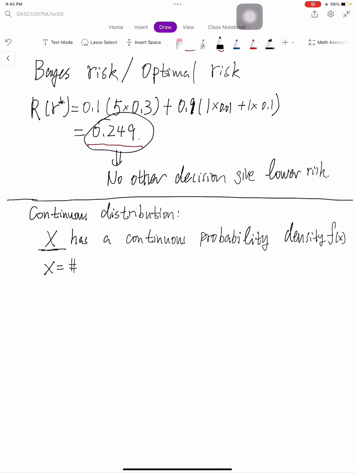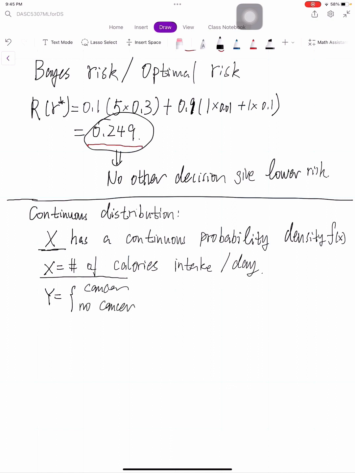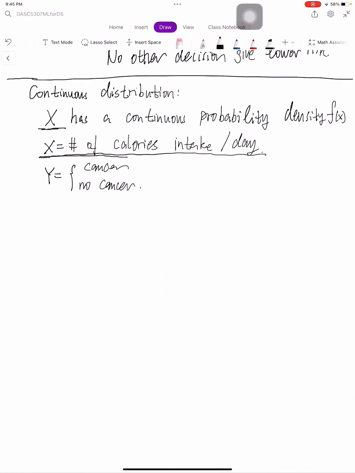As in the example I gave you at the beginning of the class, or x could be the number of calories. So height and calories in this case are continuous variables, which means x can have infinitely many values, with decimal numbers. For example, we want to use the number of calories intake per day to predict if a person has cancer or not. So for this case, what would be the Bayesian classifier? This classifier we call discriminant analysis.